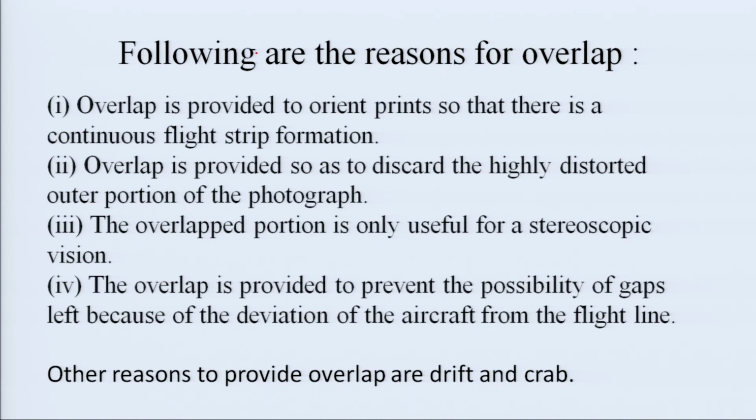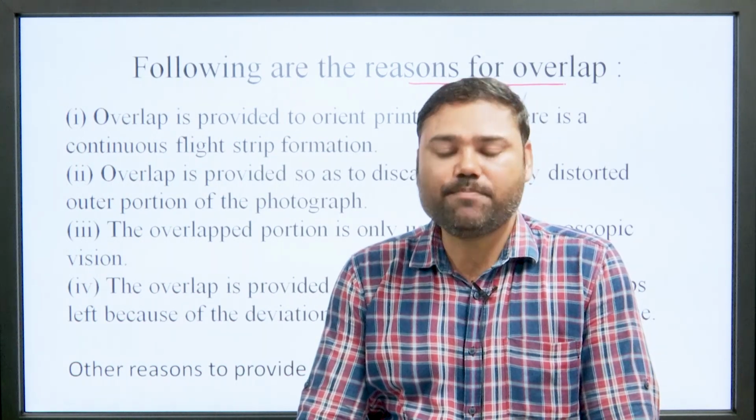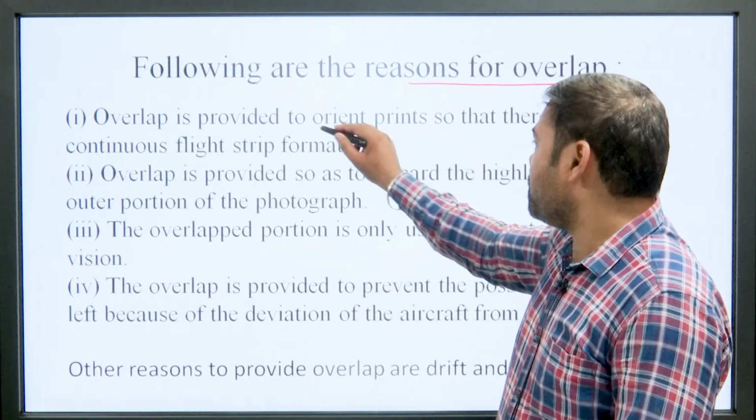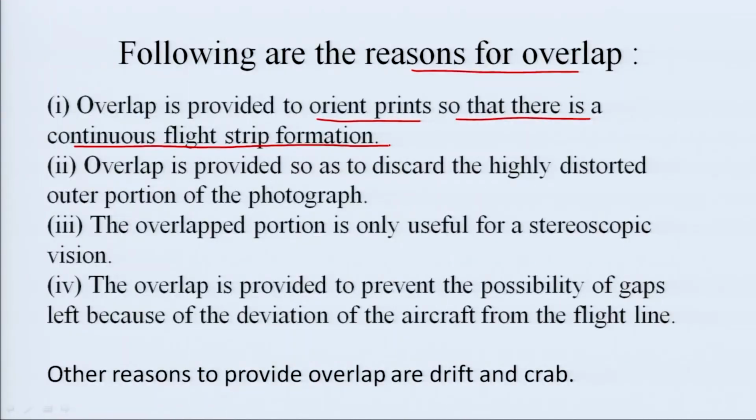So, why do we need overlapping in aerial photography? These are the reasons due to which we overlap, that is longitudinal overlap or side overlap. Overlap is provided to orient prints so that there is a continuous flight strip formation.